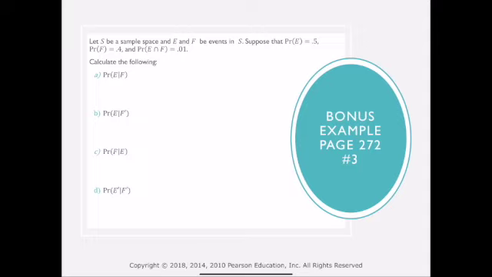I want to calculate the probability of E given F. For that, we take the probability of E intersect F over the probability of F. That's going to be 0.1 over 0.5. So I get 1/5 or 0.2, so 20%.